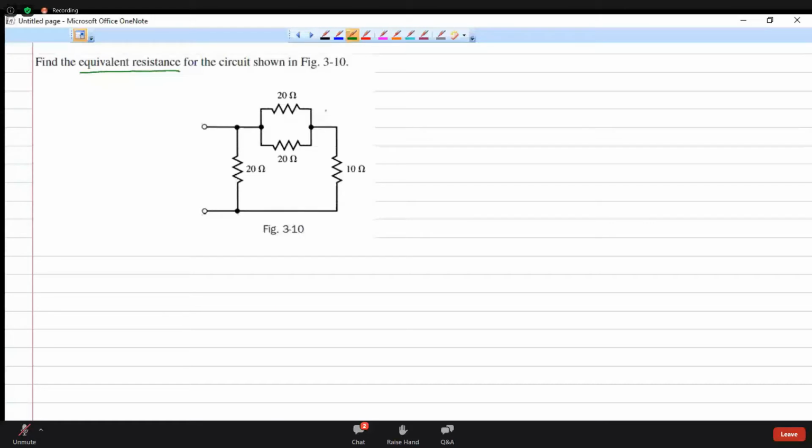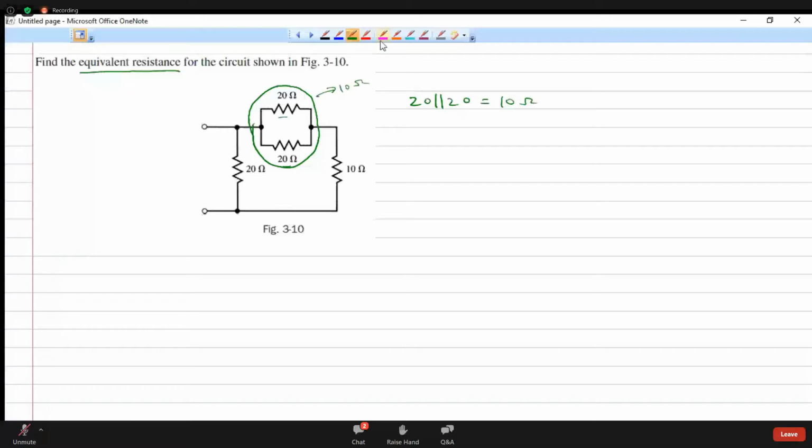So how to approach this problem? You can approach this problem by starting here. We see that we have 20 ohm parallel with another 20 ohm. So what is the net resistance of this entire thing? It will be 10 ohm. 20 parallel 20 is equal to 10 ohm.